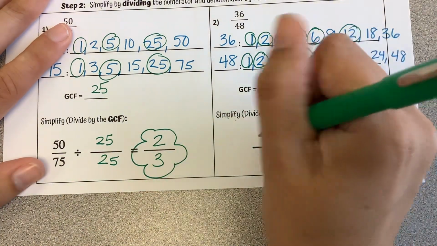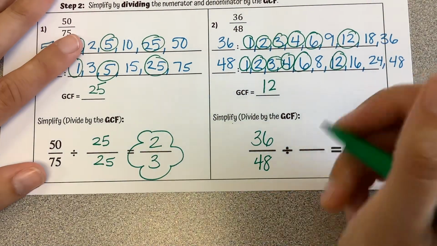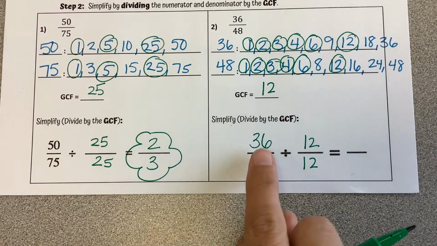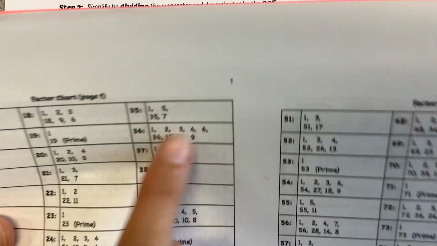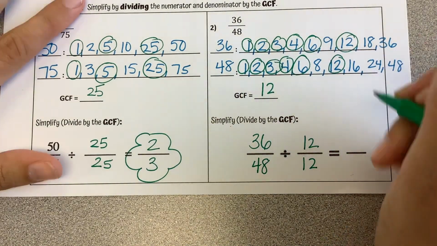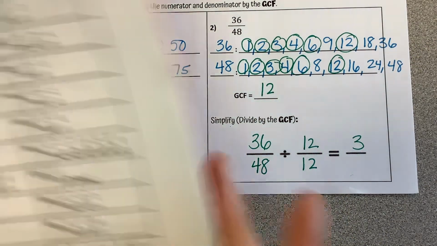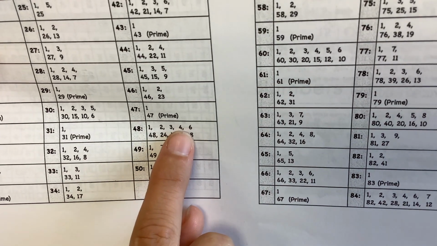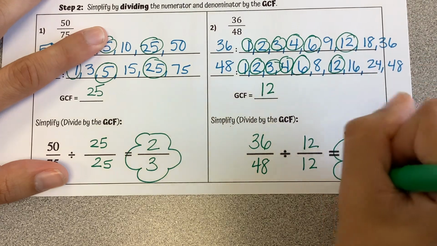So I'm going to rewrite 36 over 48, and we are going to divide these both by 12. So 36 divided by 12, I'm going to look on my factor chart. 12 pairs with 3, so 36 divided by 12 is 3. Same thing for 48. Find 48. Find 12. The 12 pairs with 4. So 48 divided by 12 is 4.